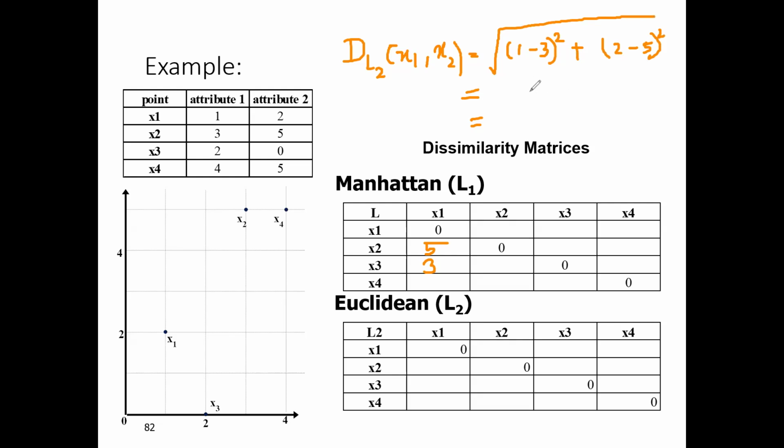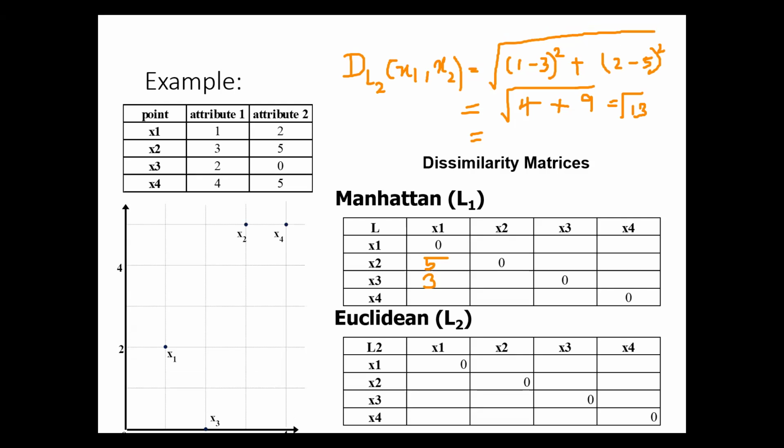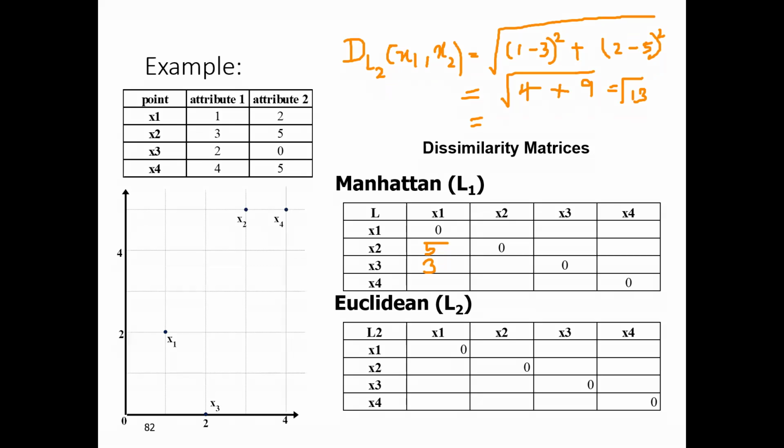So obviously this is 2 squared, that is 4, plus this is 3 squared, that is 9. That is the square root of 13, right? So if you get the square root of 13, you will get 3.6.